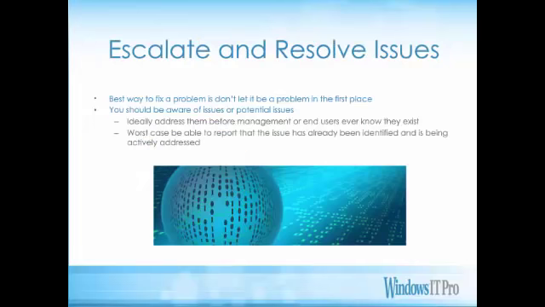So now let's tie a couple of those things back together and talk about escalating and resolving issues. Going back to optimizing, the best way to fix a problem is to not have it in the first place. The more proactive you are in understanding where the bottlenecks are on your network, understanding what's normal network activity versus anomalous network activity, the better job you can do at proactively addressing issues and hopefully resolving them before management and the end users even realize they're there.